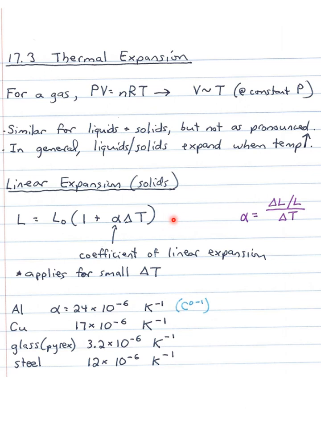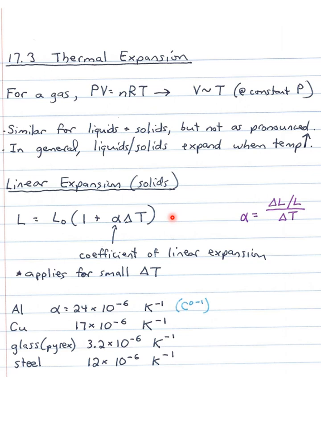Now, before we get into what alpha is, let's talk about that delta T. Delta means final temperature minus initial temperature. If the temperature increases, that will be a positive number. And so the thing in the parentheses becomes 1 plus a positive number, and you've got this expansion. However, it will contract as temperature goes down.